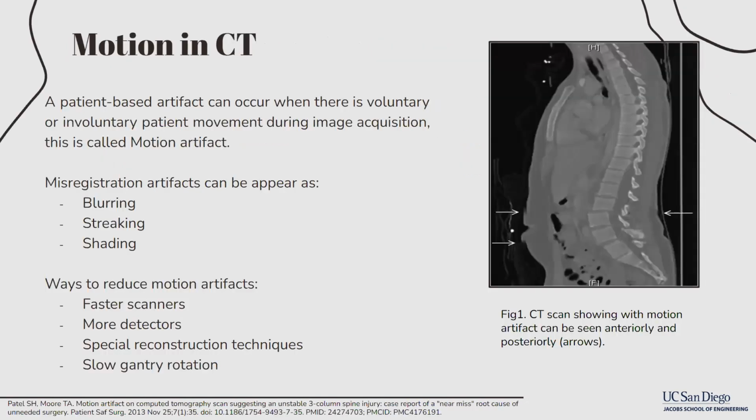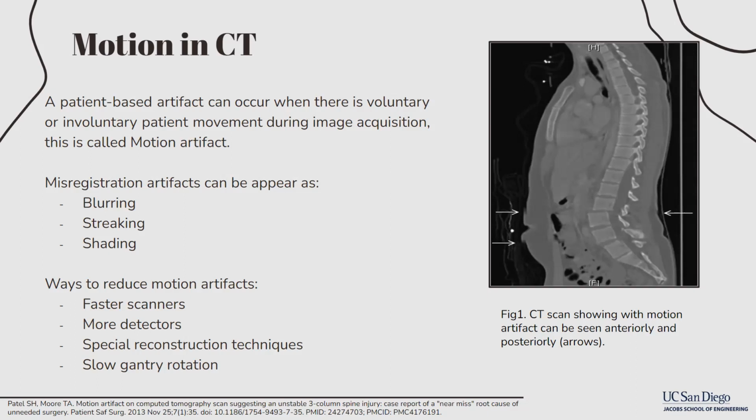Complex motion can change CT quality dramatically in different scans. An artifact can occur when there's voluntary or involuntary movement during the time the image is acquired, and it's called a motion artifact. Most artifacts appear as blurring, streaking, or fading.